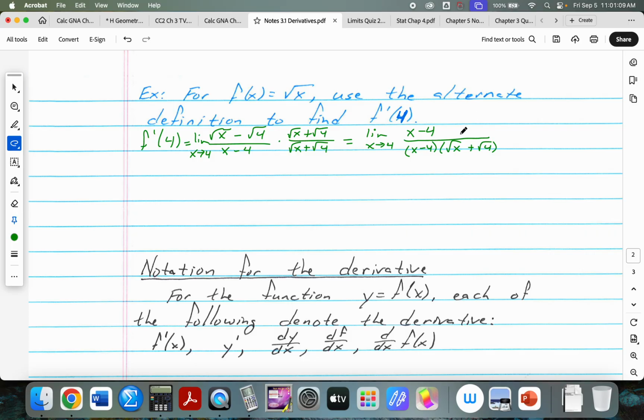And now something lovely happens in that the x minus 4 divided by x minus 4 everywhere except for at 4 is equal to 1, and we're never at 4 here. So that's going to be 1 over, if I let x go to 4, the square root of 4 plus the square root of 4, which is 1/4.